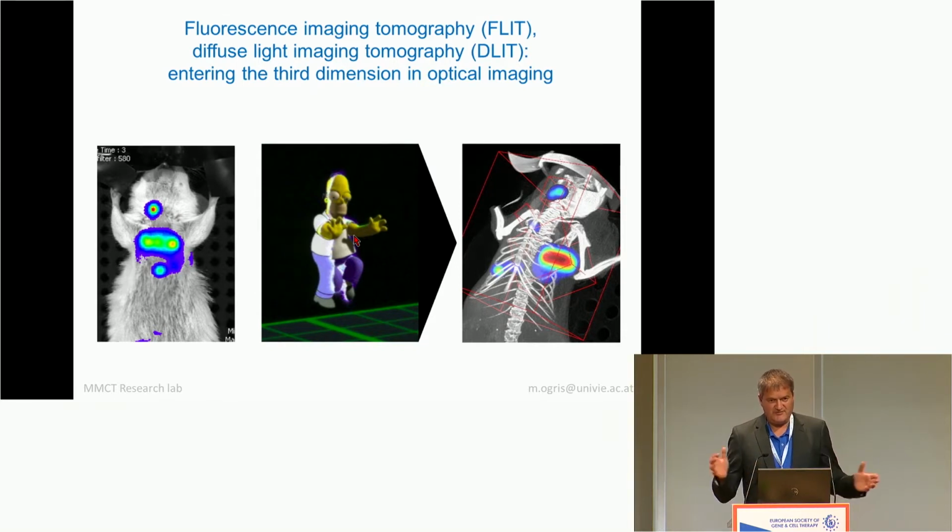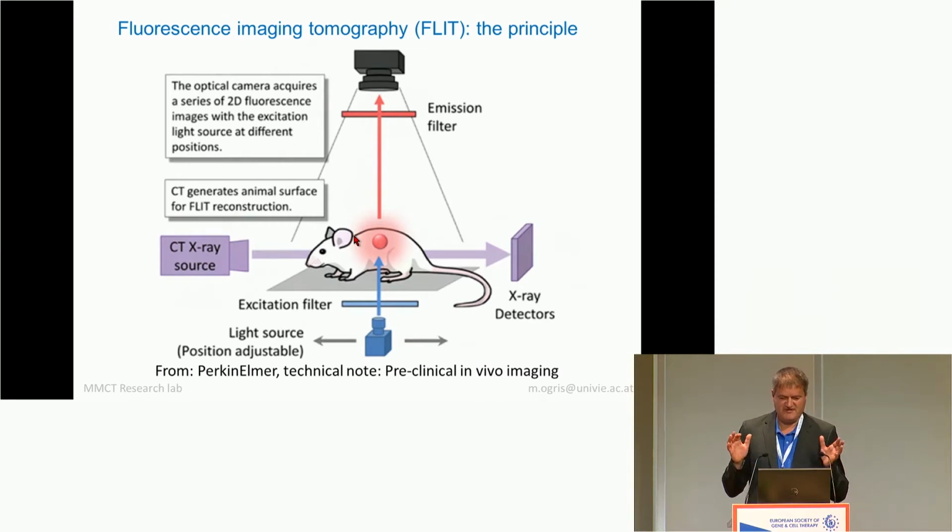But as we are all not flat, but three-dimensional, how can you bring this analysis into the three-dimensional world? There are two principles, fluorescence imaging tomography, FLIT, and diffuse light imaging tomography, DLIT. So how does it work? In the case of FLIT, you have in principle a light-tight box with a camera on top, also with some emission filters. Underneath the mouse you have an excitation filter, and a light source that moves from place to place.